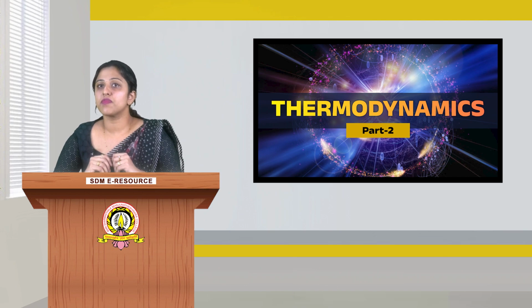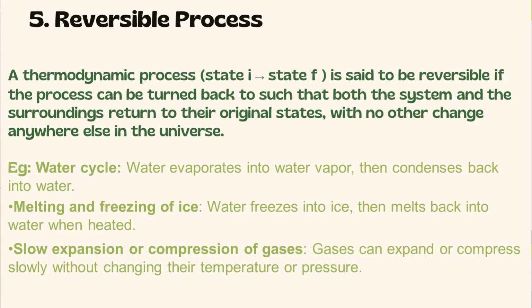The next one is reversible process. A thermodynamic process which is said to be reversible is a process that can be turned back such that both the system and the surroundings return to their original state with no other change anywhere else in the universe. We can take the example of the water cycle. Water evaporates into water vapor, then condenses back into water.